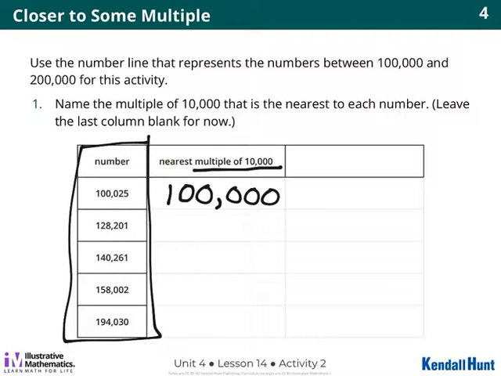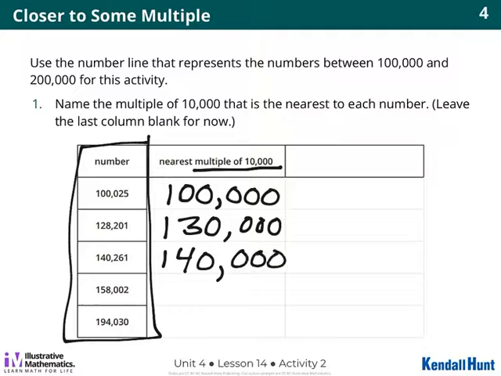Hadley. 130,000. 140,261. What's your nearest multiple, Quinn? 140. Just 140 or 140,000? 140,000. Good job. I knew that's what you meant. Okay. 158,002. What's its nearest multiple? Mason? 160,000. You are correct.